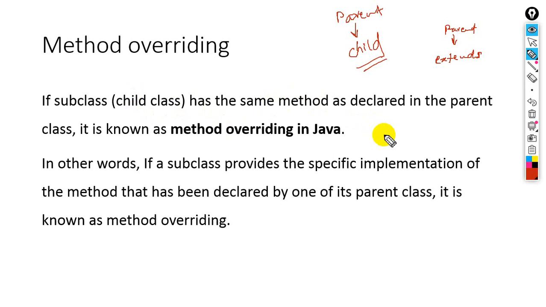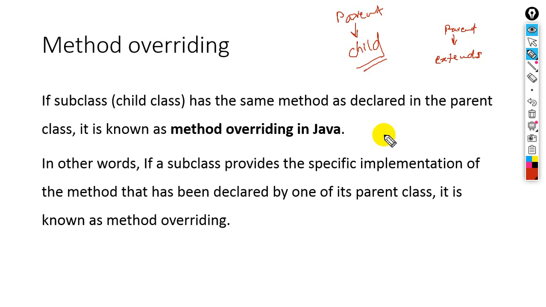In other words, if a subclass provides a specific implementation of a method that has been declared by one of its parent classes, it is known as method overriding.